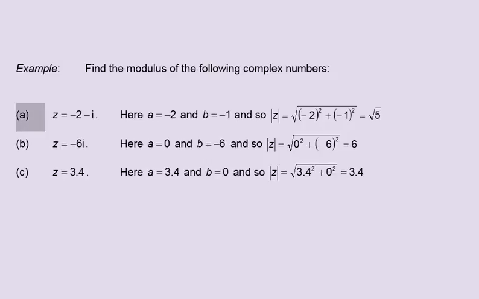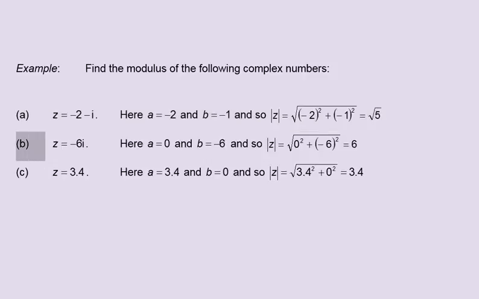A. z equals minus 2 minus i. Here, a equals minus 2 and b equals minus 1, and so the magnitude of z equals the square root of minus 2 squared plus minus 1 squared, which equals the square root of 5.